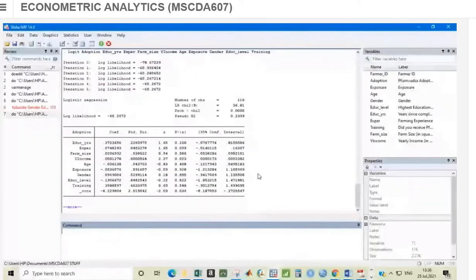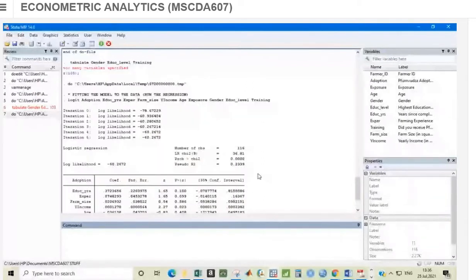When you fit a logit model with everything, it will iterate.